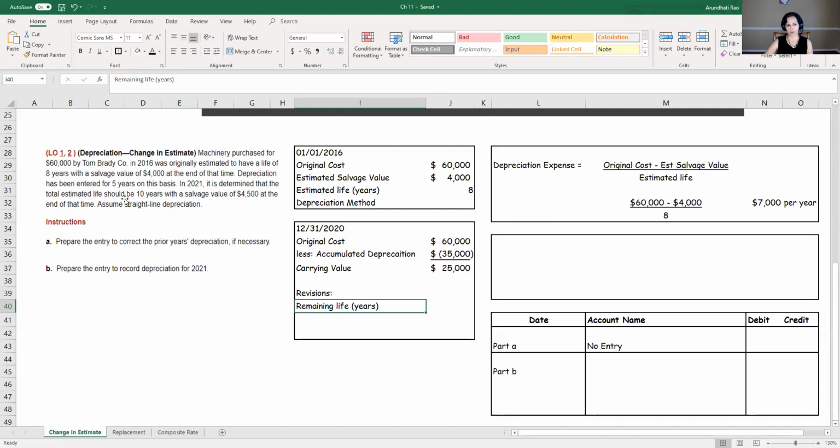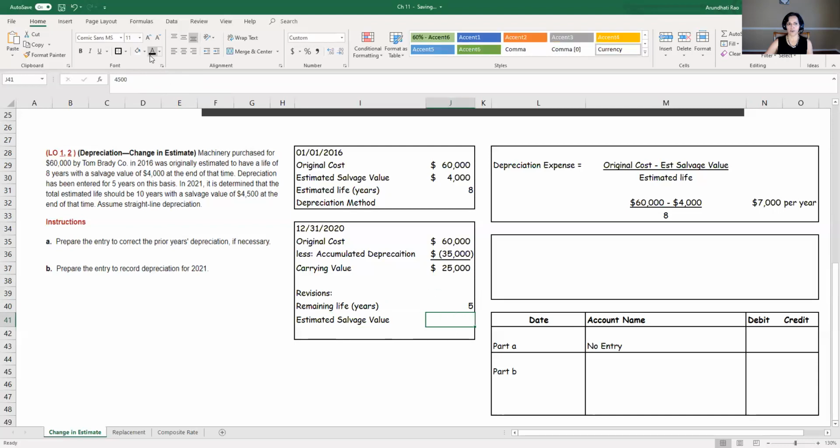So when I switch from 8 to 10 years, but 5 have already gone, I have 5 years remaining. Instead of 3, I'm saying I now have 5 years remaining in the life of the asset. Salvage value, I'm saying now is $4,500. So I have extended the life by 2 years, and I'm saying that I'm going to get another $500 when I sell the asset. That's my new guess.